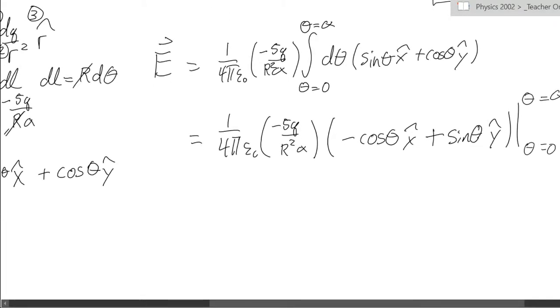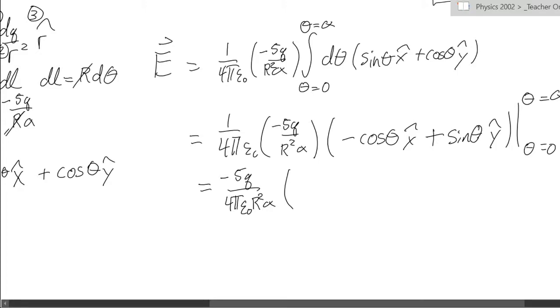And so the final answer that we have, I'm going to group a couple of things together here, is going to be minus 5q divided by 4 pi epsilon naught times r squared times alpha times, this is going to be 1.